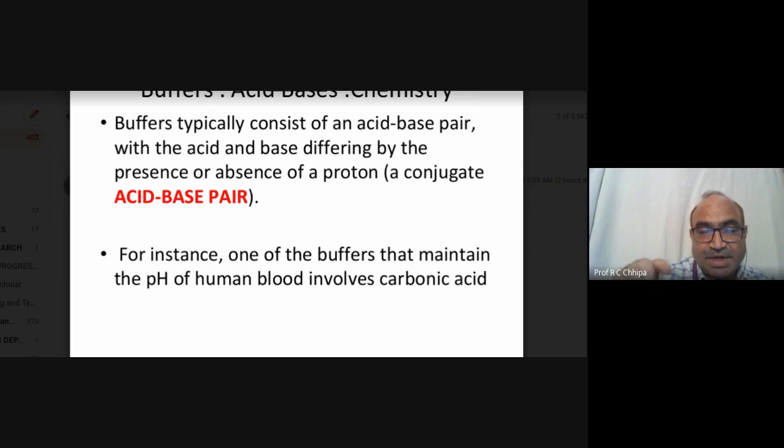In that case, conjugation of acid and base occurs. When an acid reacts with a base, on the other side of the equilibrium there will be the base of that acid. So this is the conjugate acid-base pair.